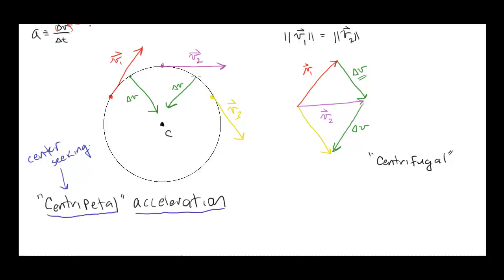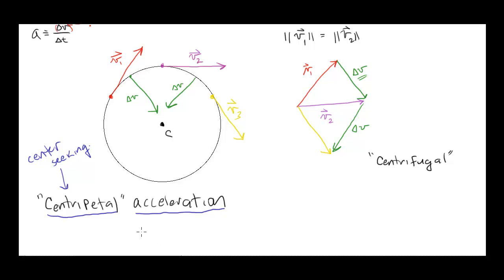Centrifugal would seem to imply some sort of a vector going radially outwards away from the center. And frequently when people say this word centrifugal in everyday speech, they're referring to something that's fictitious. I might have a chance to talk about that in a minute, but they're referring to something that doesn't really exist. And so this is the centripetal acceleration that we're talking about, or towards the center acceleration.